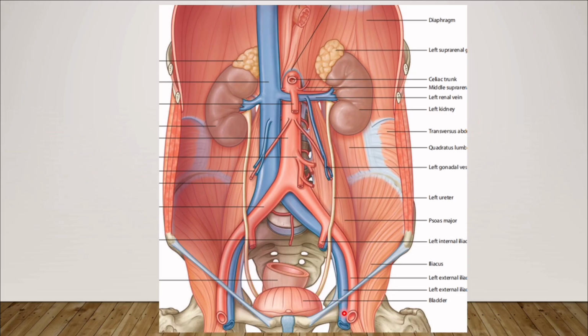External, it goes and becomes the femoral vein. Then the internal, it descends into the pelvis and it will drain structures in the pelvis. Okay.